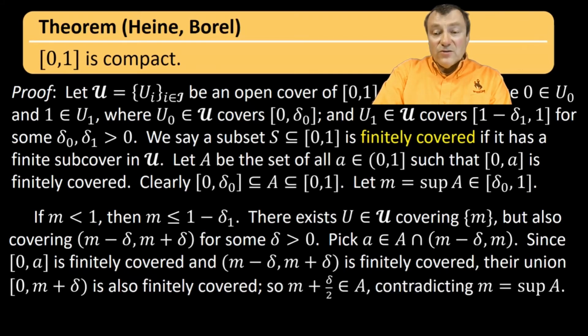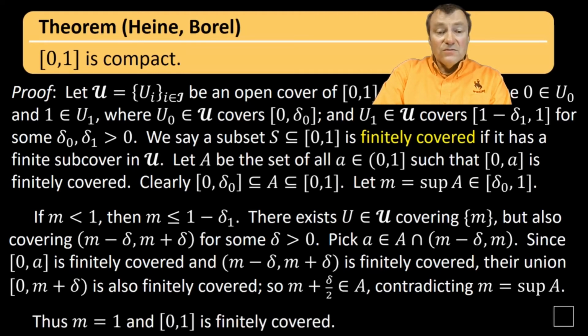In particular, the closed interval from 0 to M plus delta over 2 is finitely covered, and that contradicts M being the supremum of A. So, we conclude that M is 1, and we're done.